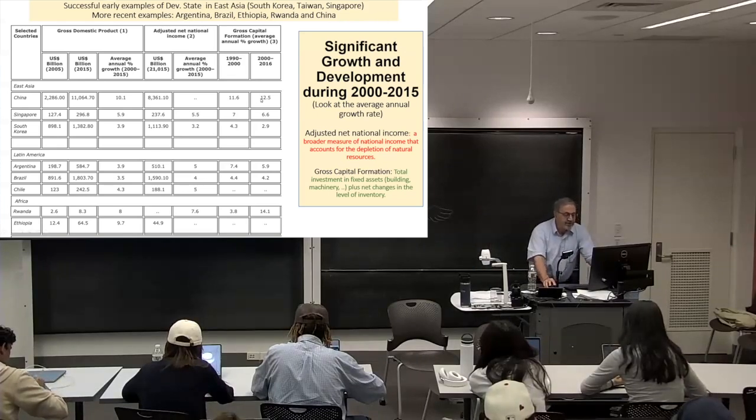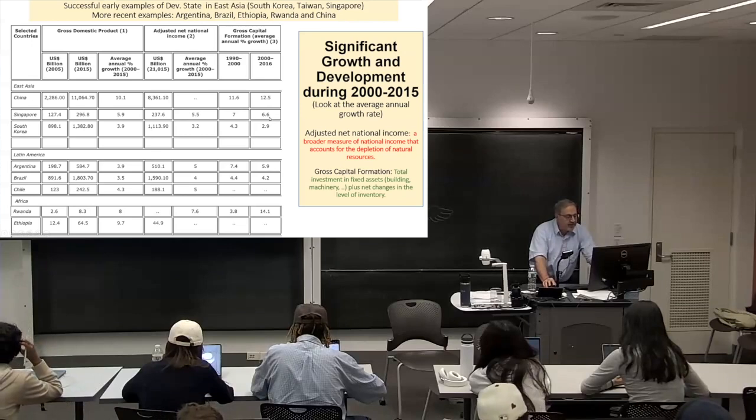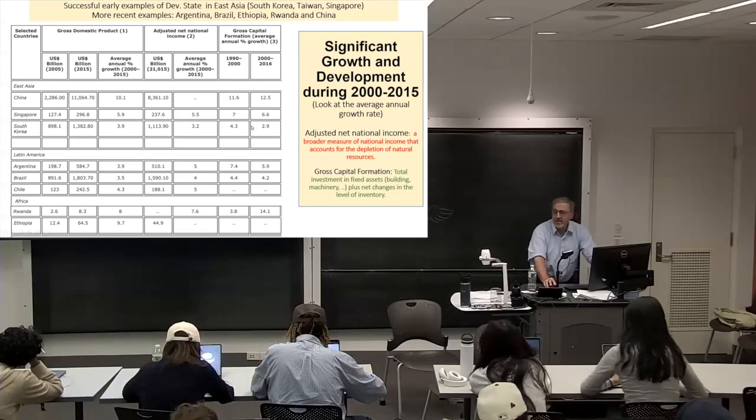Again, look at the statistics. Relatively good investment record in many of these countries. In some of them, such as Singapore or South Korea, we see that this record was better in the 1990s compared to 2000.